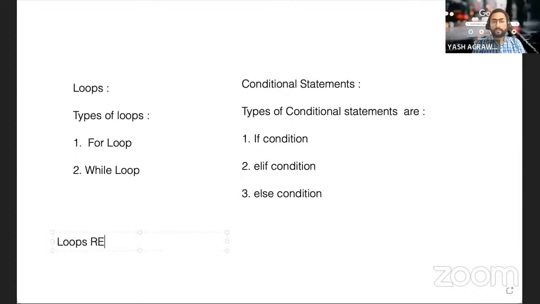Loops are iterative functionality. Sir, what do you mean by iterative functionality? You will see this with the help of examples, then you will identify it. Let's start, and we will first identify how to move with loops, and then we will understand what loops are.